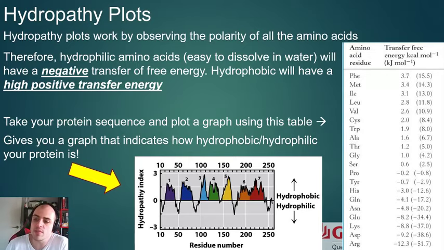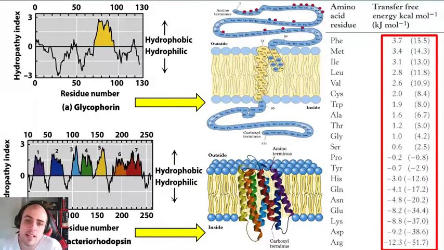So we take our protein sequence, measure the amino acids and look at that free energy change, and it gives us this lovely little graph. We can see here we have these big clusters, and what that translates to is the number of alpha helical chains that are piercing through the plasma membrane.